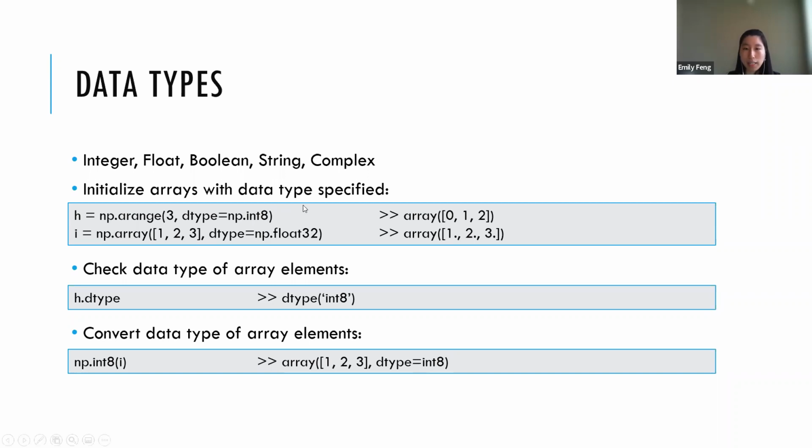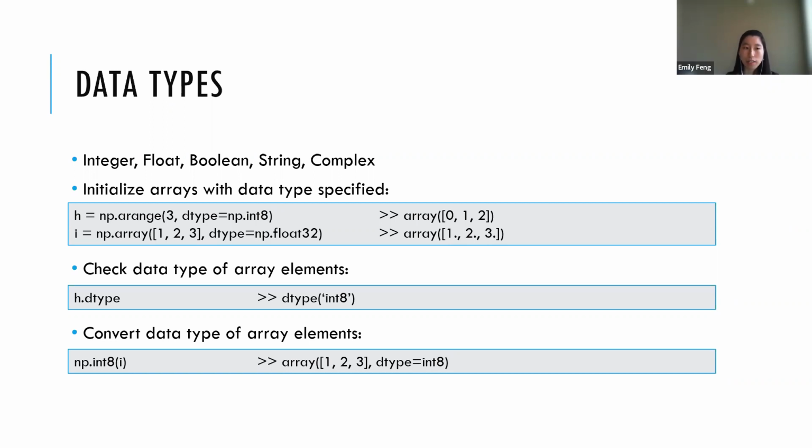So I specify it, and you can see that it will represent it as floats by putting in a decimal at the end of these numbers. And it gives me an array of 1., 2., 3. And with the dtype syntax, you can actually check the data type of your array.